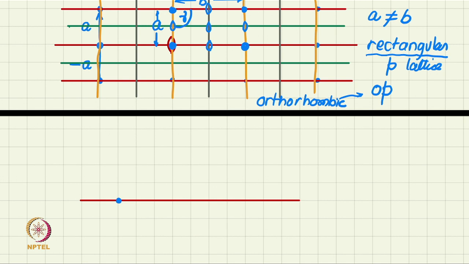If I don't have that luxury, and I say that let us have a lattice point which is at an angle to the mirror plane like this, but I want to preserve the mirror plane. So, I have to reflect this lattice point. So, I will get another lattice point there.